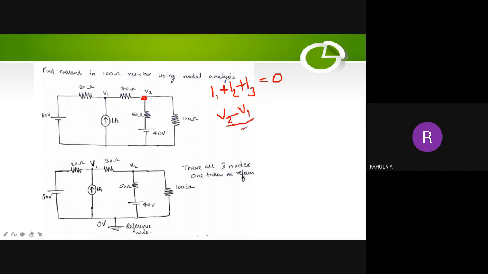So (V2 minus V1) divided by 30, plus (V2 minus 40) divided by 50, plus (V2 minus 0) divided by 100 is equal to 0.